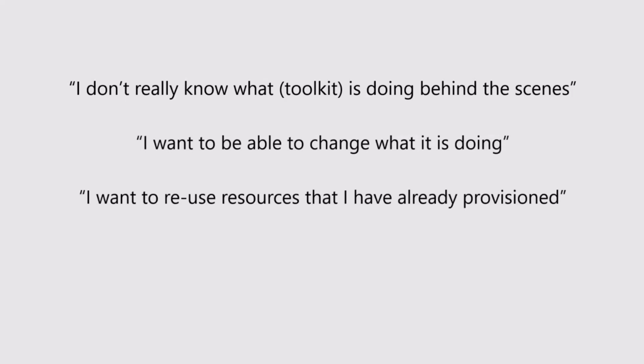Now, whilst that's great from a getting started point, we've heard a lot of feedback from developers. Feedback like, I don't really know what Toolkit is doing behind the scenes, and I want to be able to change what it's actually doing. And I've got resources already that I've provisioned, I want to reuse those.